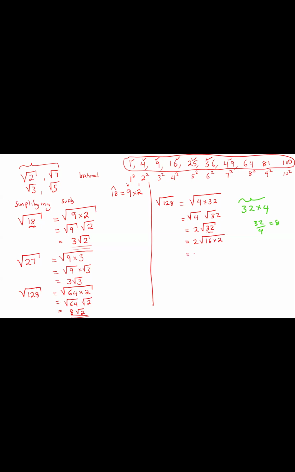So now you say root of 16 times root of 2, which will give you 2, and root of 16 gives us 4. So this is 2 times 4 root of 2, which will give us 8 root of 2. That's when you go on and simplify it to its simplest form.